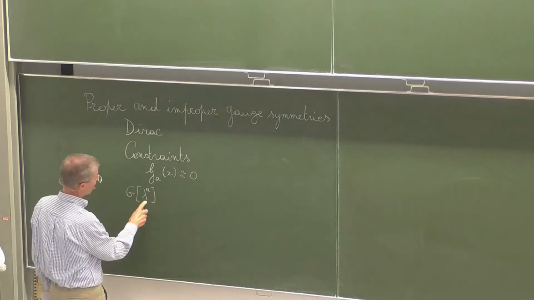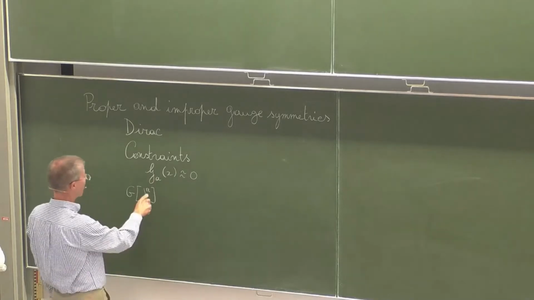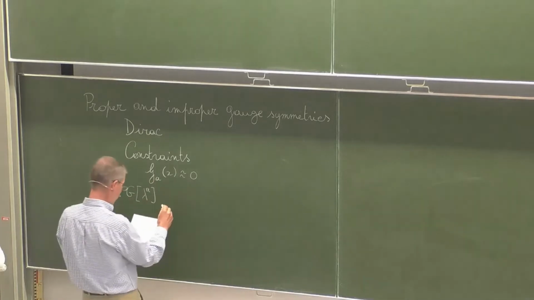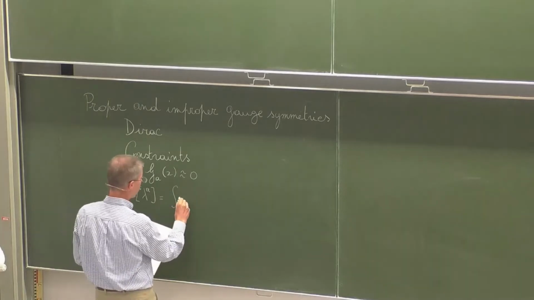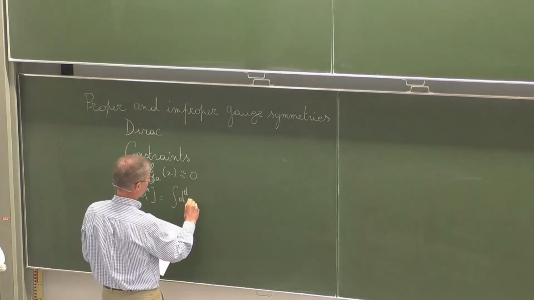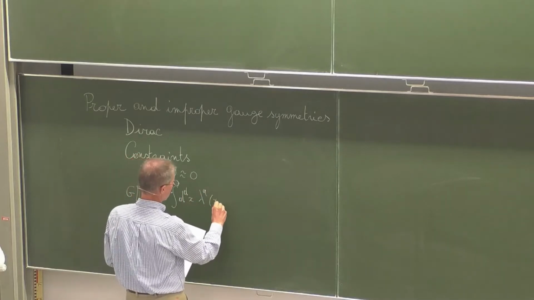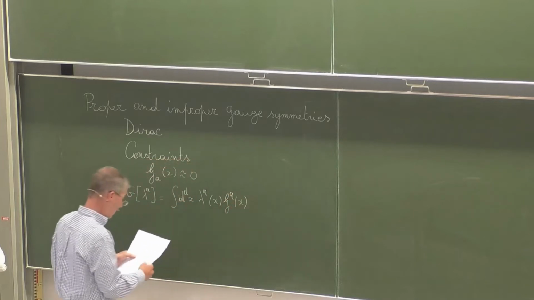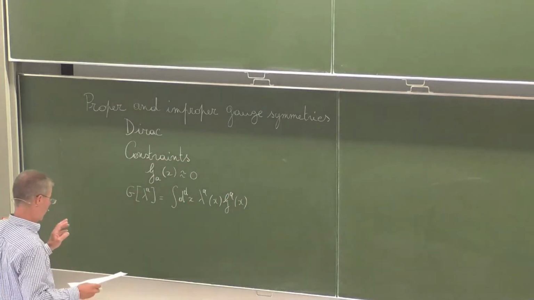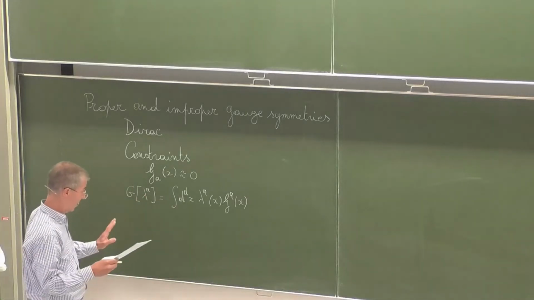So if these are the gauge parameters, which are also a function of x, but as I told you, I will not always write arguments, you sandwich the constraints with lambda^A. And well, if the gauge parameter decreases sufficiently fast at infinity, that's enough.